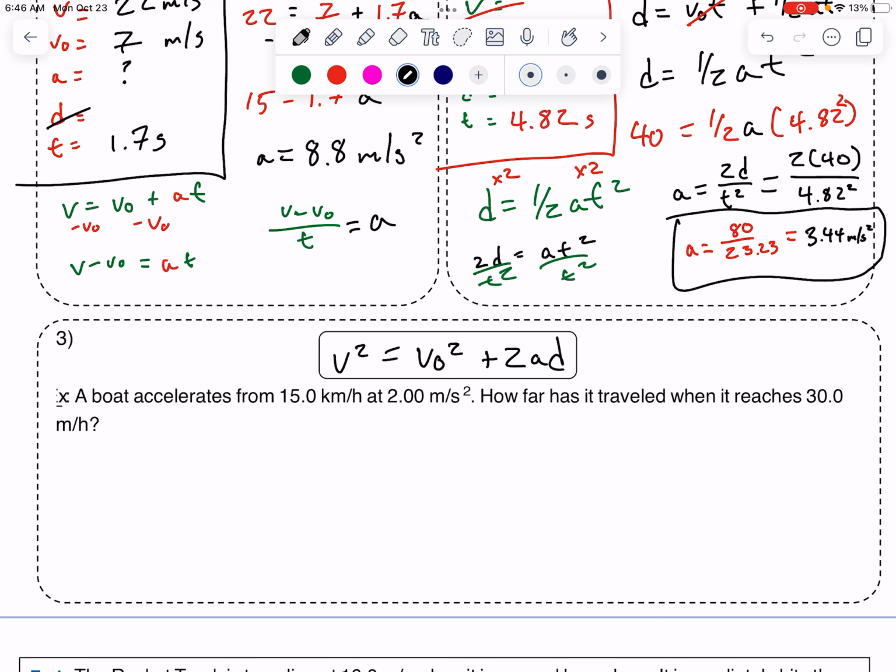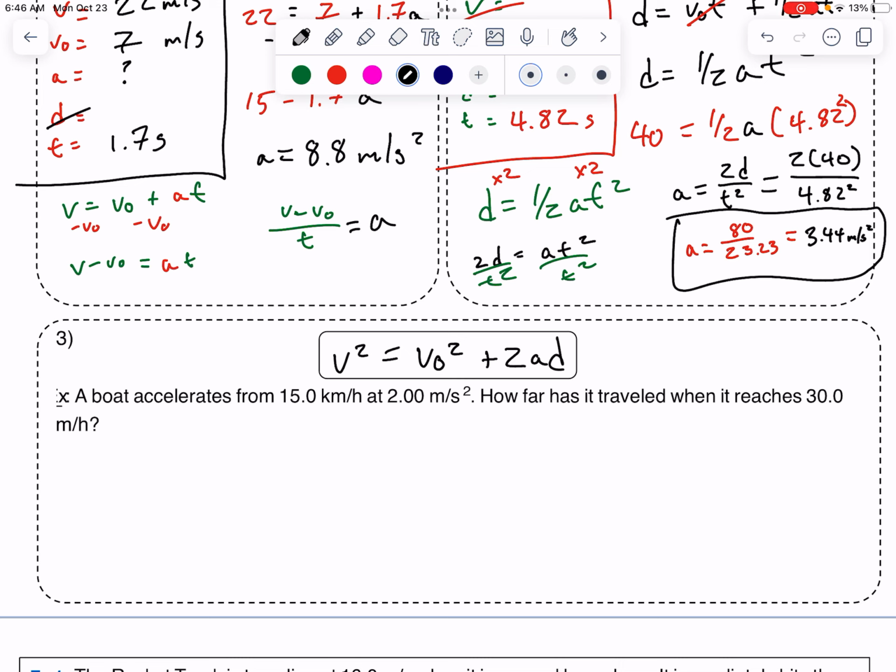So what we're going to see here is an equation that on its surface looks a little bit complicated, just because we're squaring a couple different variables. But again, this one's actually one of the easier ones to use.